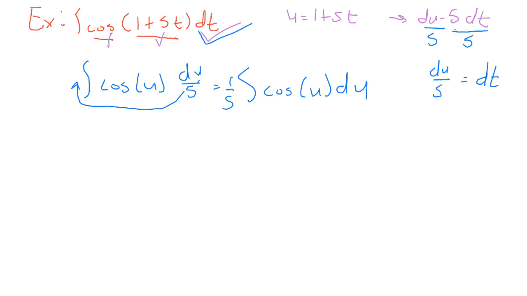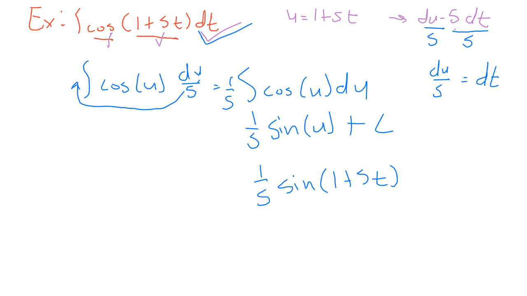If we integrate cosine of u, that is going to get us sine of u. We have our 1/5 out in front, and then we have plus c. Then we just plug our u back in to get 1/5 sine of 1 plus 5t plus c.